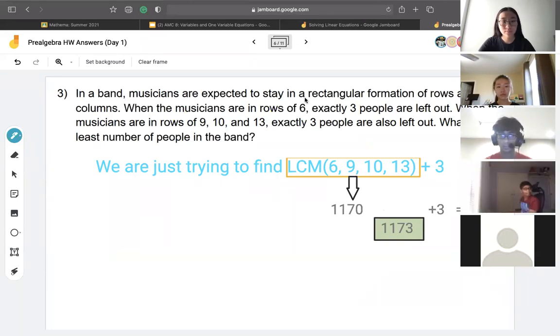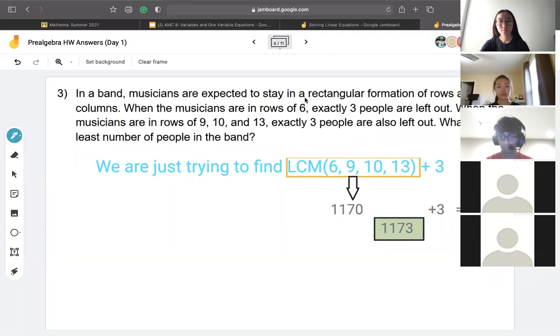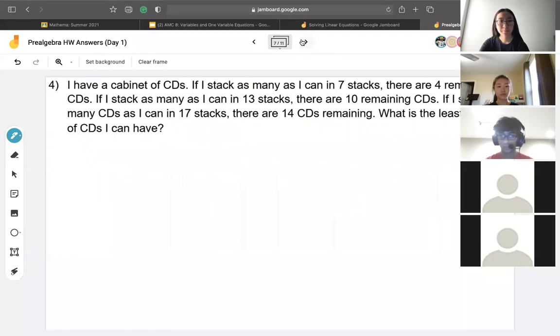And so the least common multiple of 6, 9, 10, and 13 is going to be 1,170. And then 1,170 plus 3 is going to be 1,173. Are there any questions about that? Okay, if not, we're going to move on.